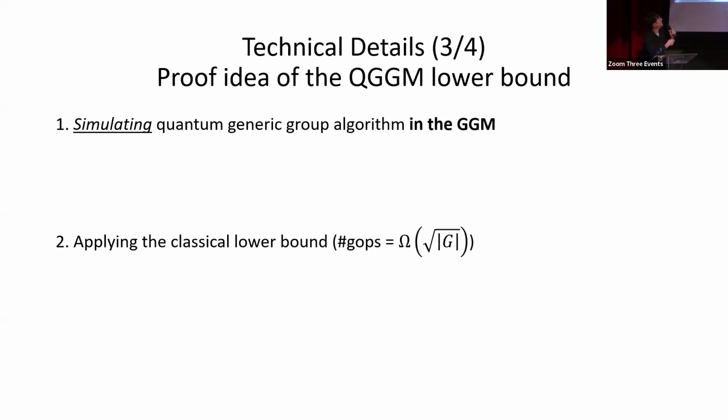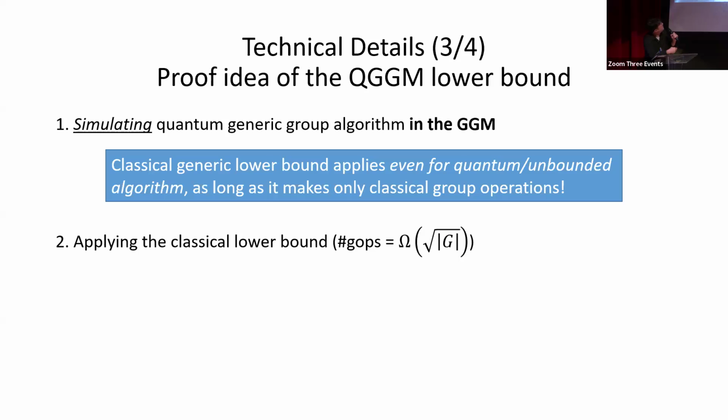We just simulate the quantum generic group algorithm in the classical generic group model, and then apply the classical lower bound of square root of the group order. I'll add a caveat: this simulation is kind of quantum, but the group operations are all done in a classical manner, and this classical generic group lower bound applies to this situation.